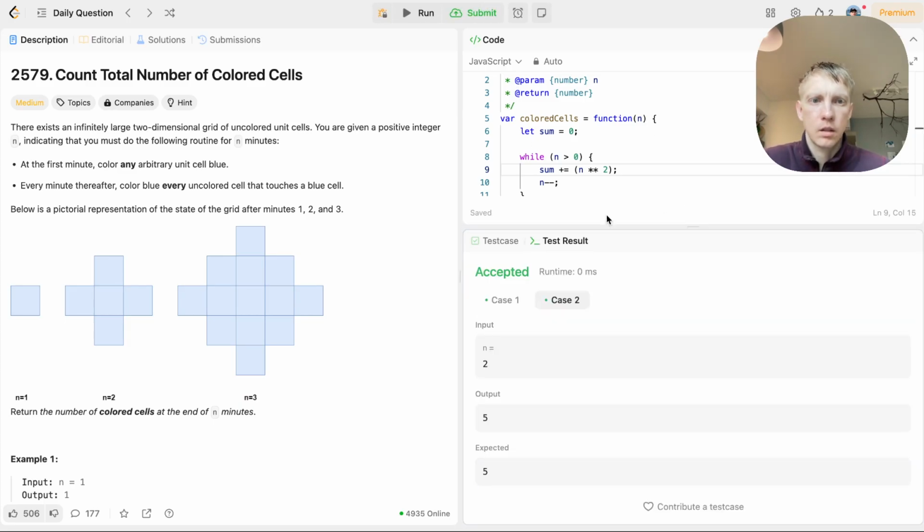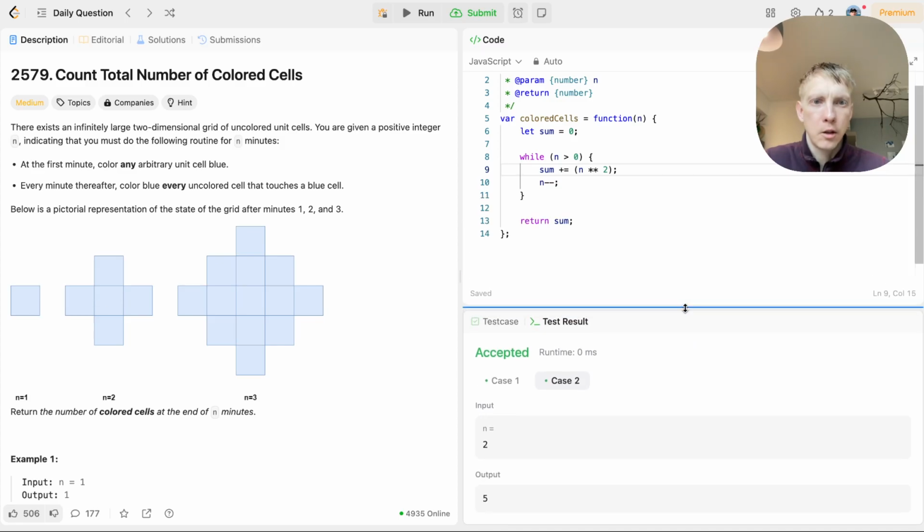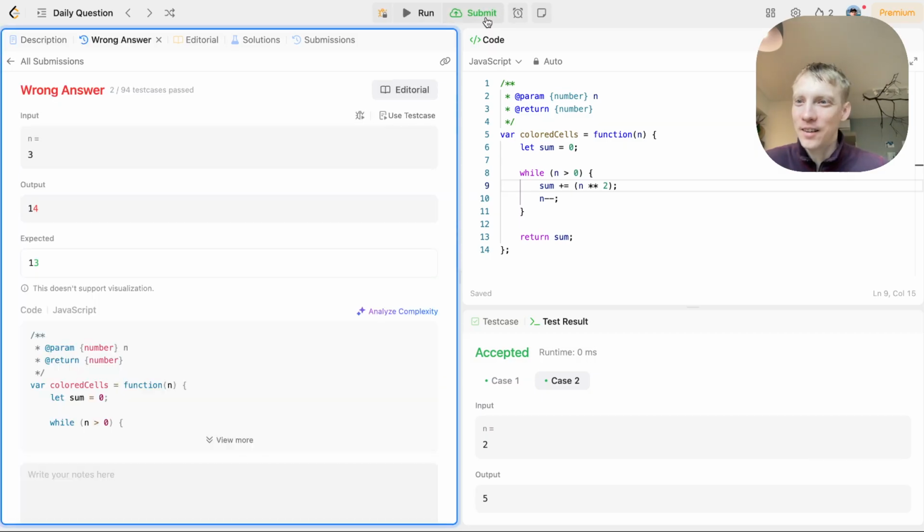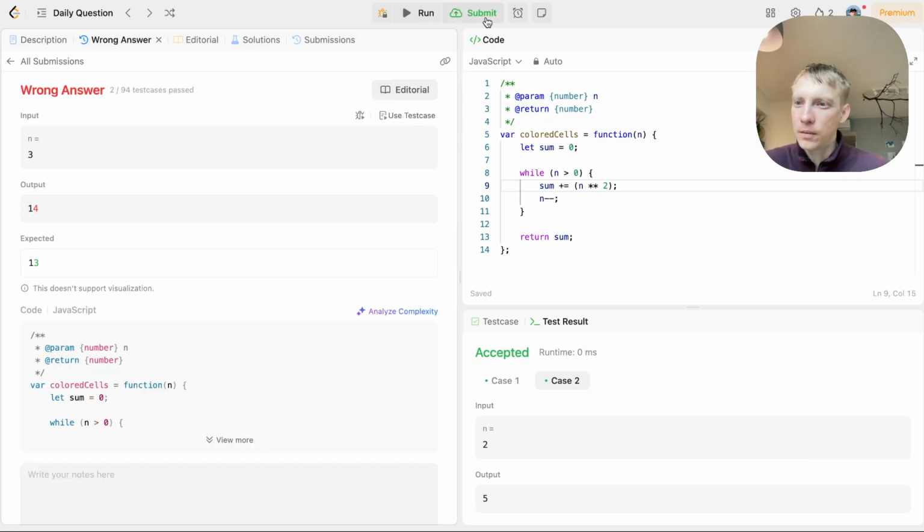Well, yes, that's it. I don't believe that there is a solution that would be simpler than mine. But let's look. Oh, expected 13.